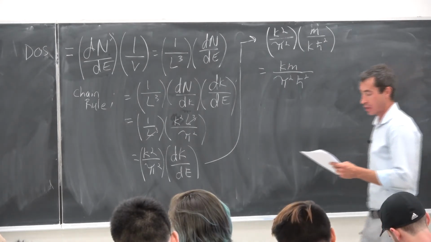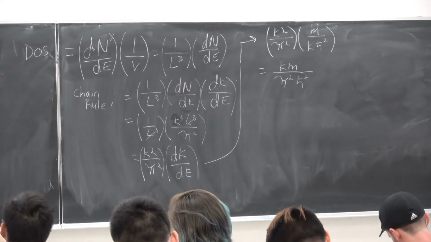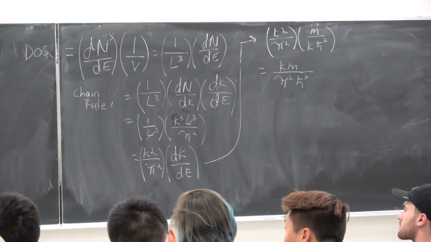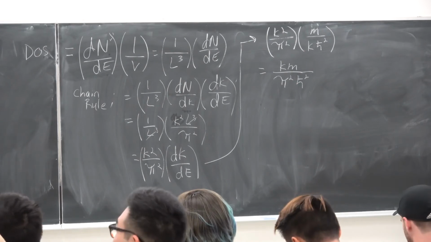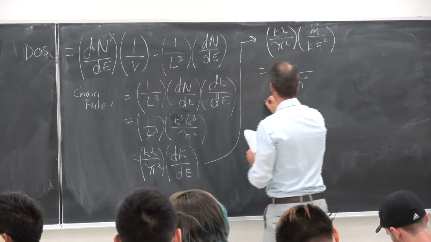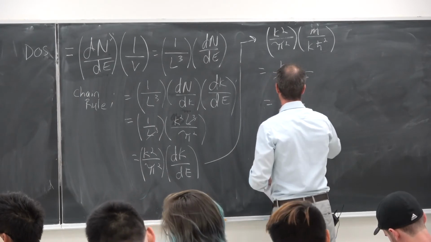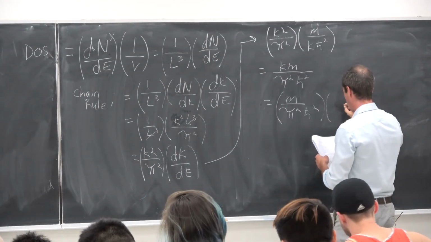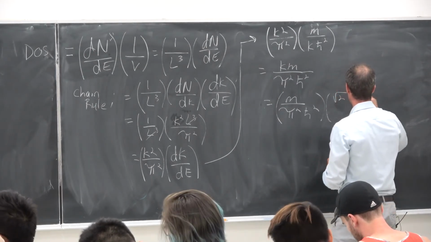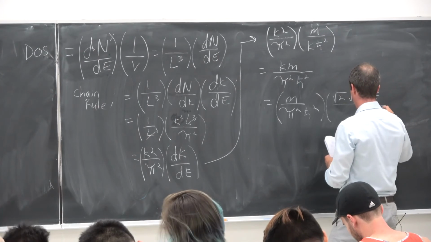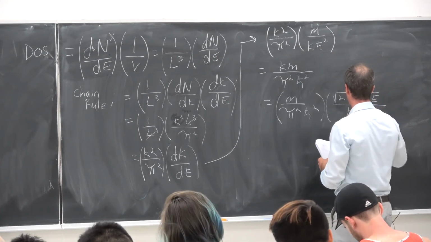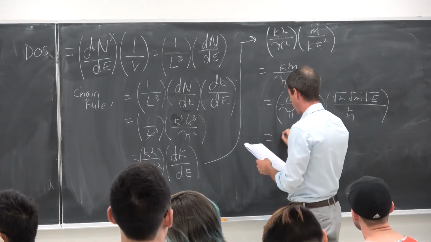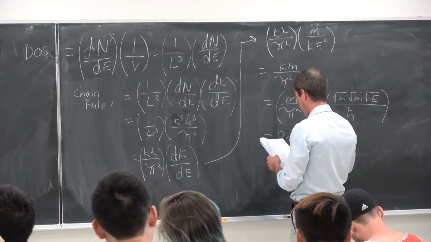And then to get rid of this last k, we can use this, which is just rearranged from here: square root of 2, square root of m, square root of E, over h bar. And when you boil all that down, you get h pi.